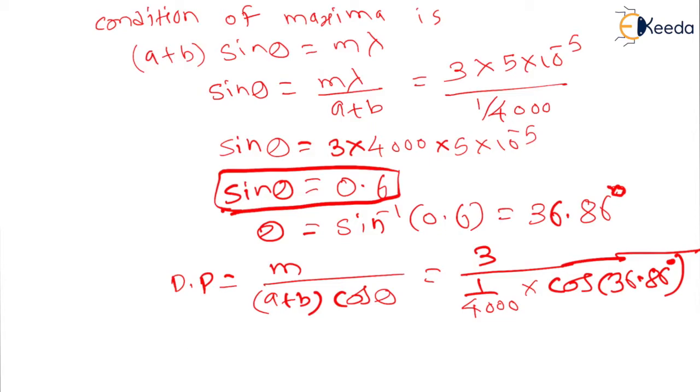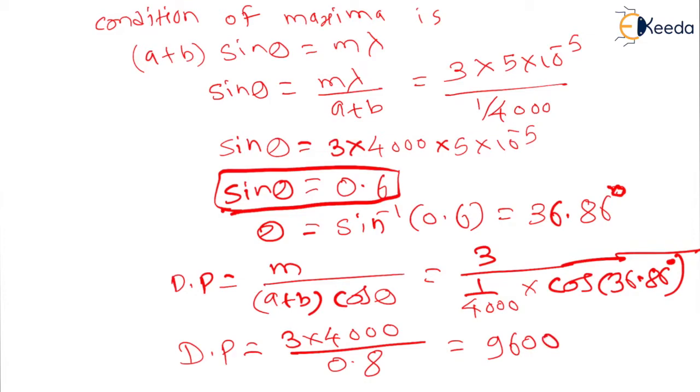Now your dispersive power will be calculated as 3 into 4000 upon cos 36.86, you will be having 0.8, and you have to calculate it, and your answer would be 9600. So the resolving power or dispersive power is 9600, right? So here we get the answer for this question.